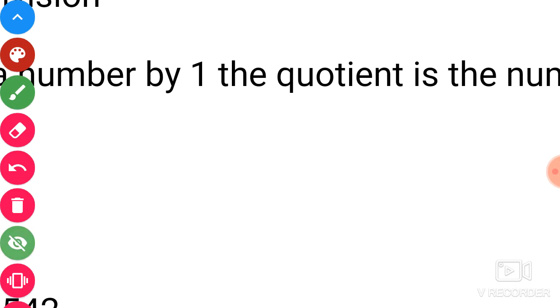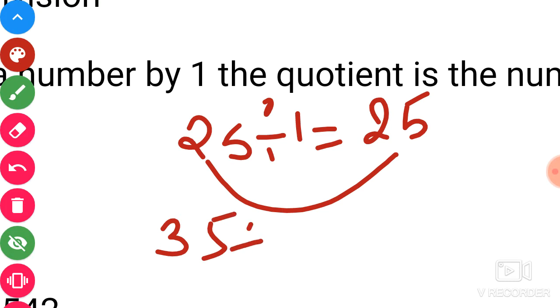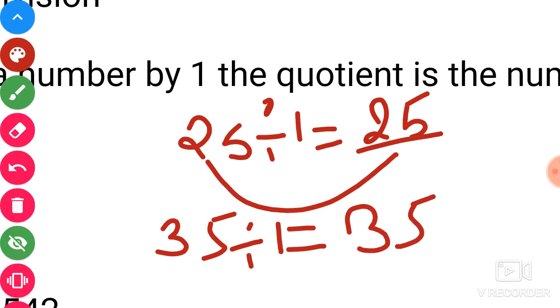That means whenever we will divide a number with 1, we will get the answer as the number itself. Quotient means this answer that we will get by dividing.